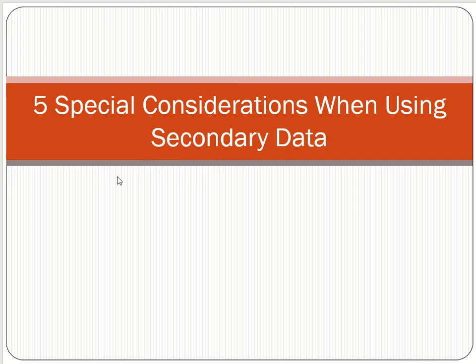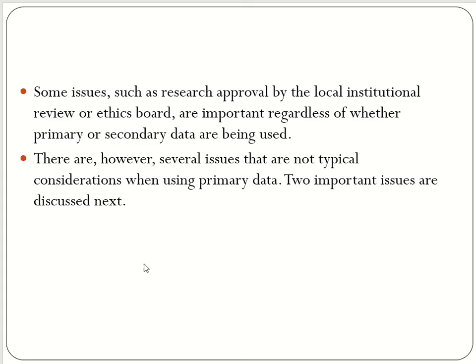So, special considerations when using secondary databases, and I think they're going to be straightforward. Some issues, such as research approval by the local institutional review or ethics boards, are important regardless of whether primary or secondary data are being used.